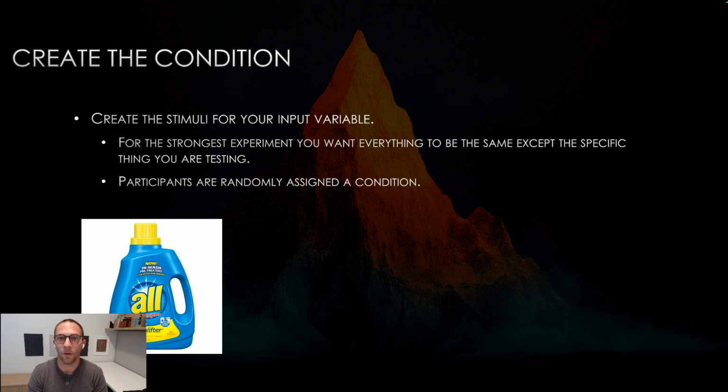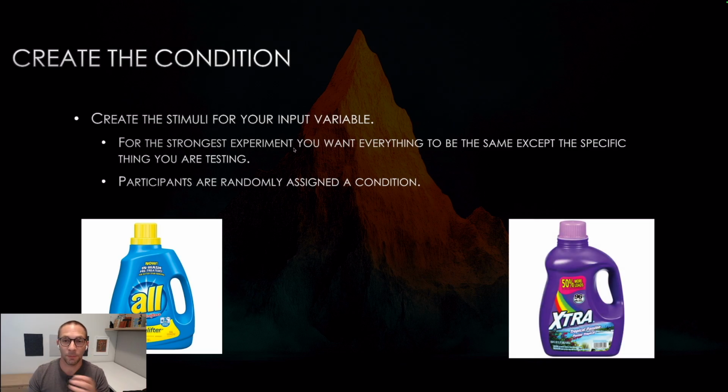Say you work for All, and somebody mentions, hey, we have this blue container, but maybe for our target customer, a purple container would be better. So you decide, okay, let's run an experiment. Let's randomly show people this blue container, or they get assigned to see this purple container, and you randomize which one they see.